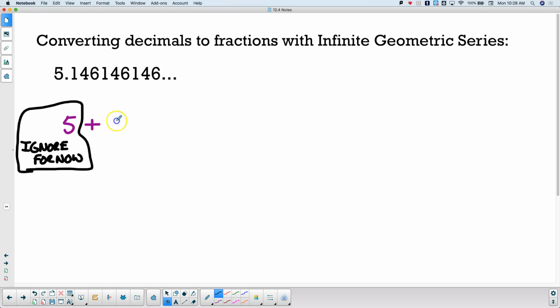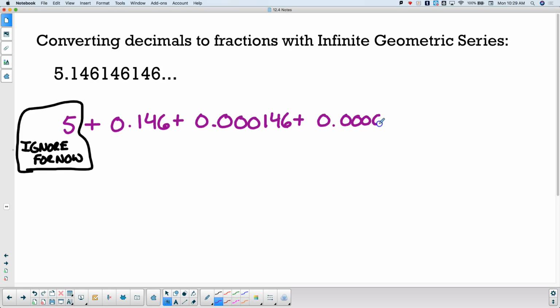And then this becomes 0.146 plus 0.000146 plus 0.000000146, and so on and so forth.